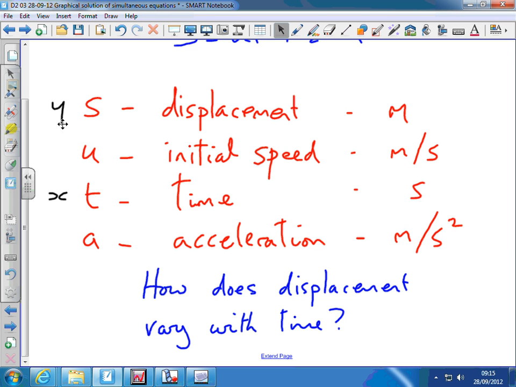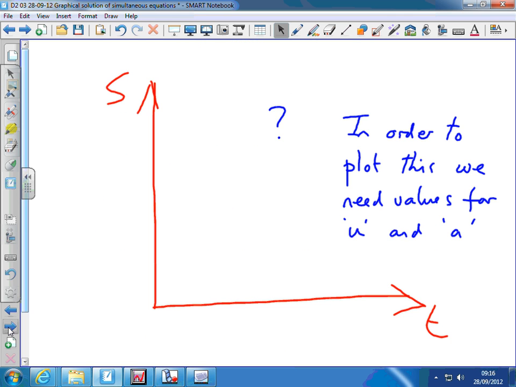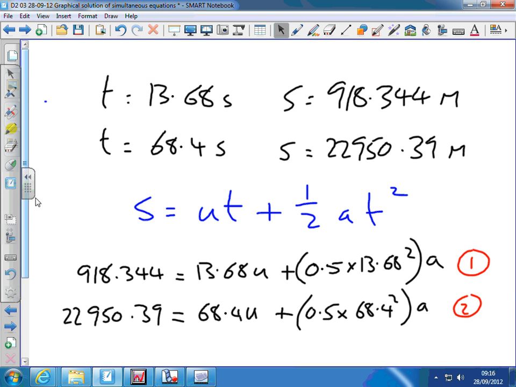And then we've got to find out the constants, u and a. And that involves setting up some simultaneous equations. 2 unknowns to find, 2 simultaneous equations. 3 unknowns to find, we'd have to have a situation where we had 3 equations we could set up, and so on. So we've got 2 unknowns, so we set up 2 simultaneous equations.